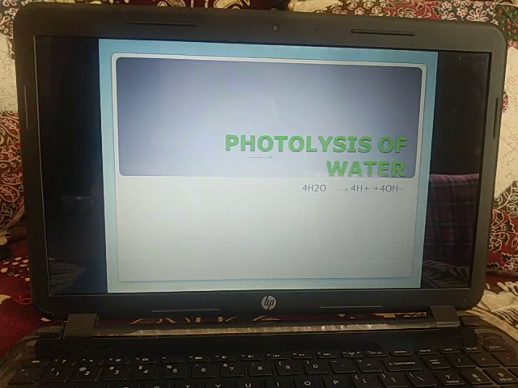So what happens in photolysis of water is the breakdown of the water into hydrogen and oxygen. And where does it take place? It takes place in the illuminated chloroplast.